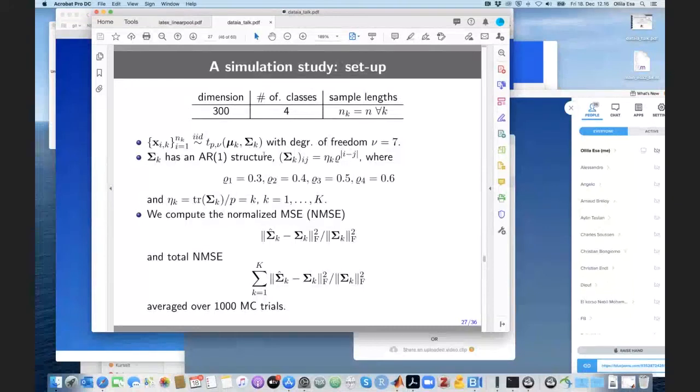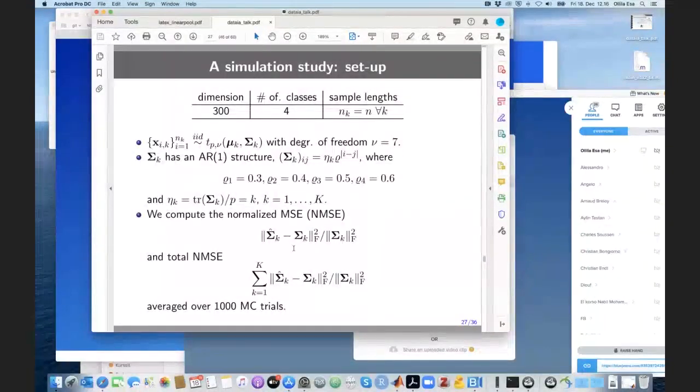The covariance matrix always has an AR1 structure, but the scale is slightly different, and the correlation structure, rho, the correlation of the AR process, differs. The first class has the smallest correlation, and the last class has the highest correlation between the variables.